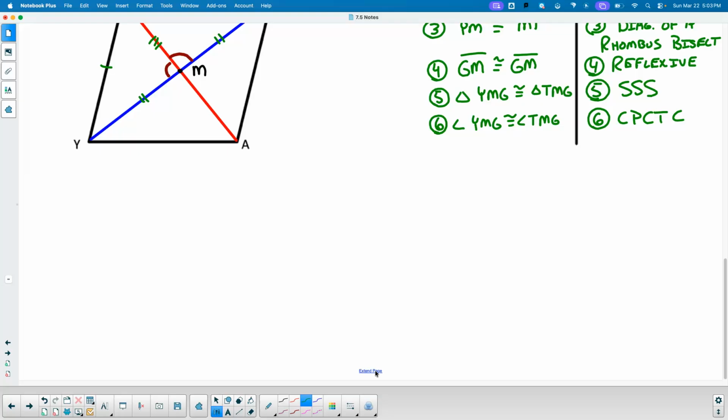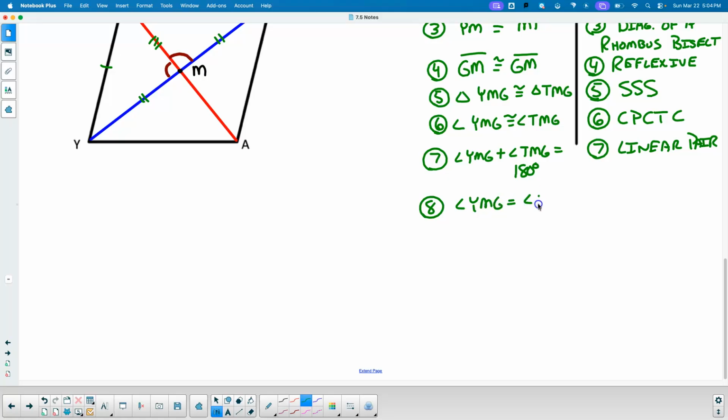Since those two are equal and congruent, and they make a linear pair, that means then that they are both... oops, put M first, plus I want to put the measure there.